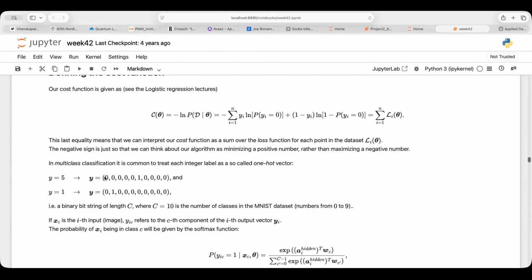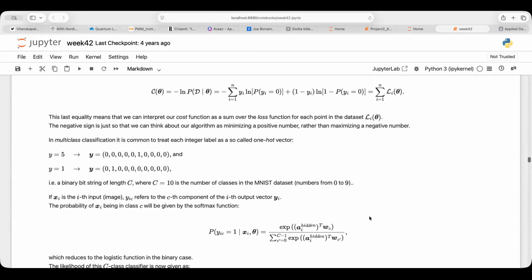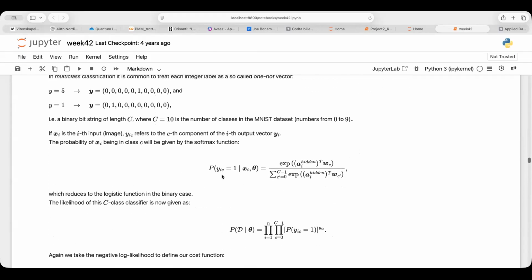So you would typically replace a given handwritten number which is labeled with a specific coding, like a bit string. So if you have 10 handwritten numbers, you need 10 bits. And the case which we are going to look at is the numbers from 0 to 9. Then the probability is going to be given by you having one of the classes, where this could be number 9 or number 0.